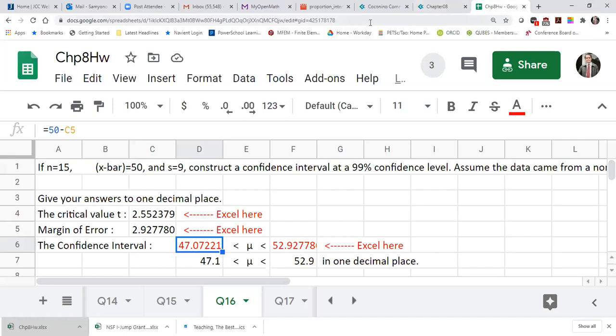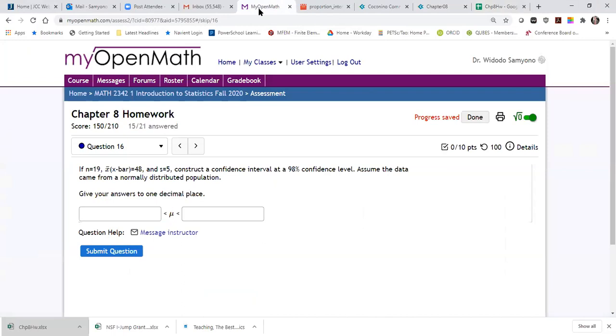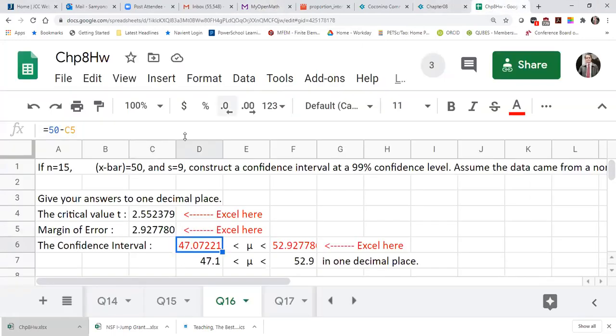So for this one, you need to be careful. In the Excel, the X bar is 50. In your problem, the X bar is 48, so you need to change this one to 48.